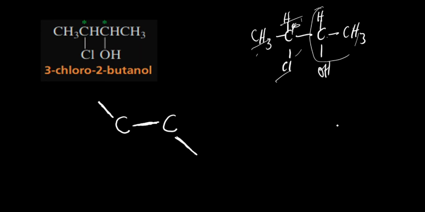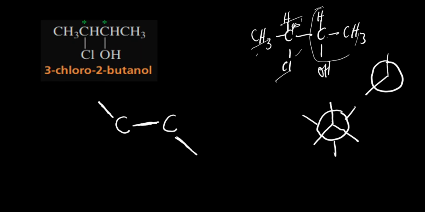We know it's the staggered conformation because if we take a look at our Newman projection, if we have something like this and then we have something like this, it is a staggered conformation. Okay, an eclipse would look something like this. We could see that the atoms are eclipsing one another.